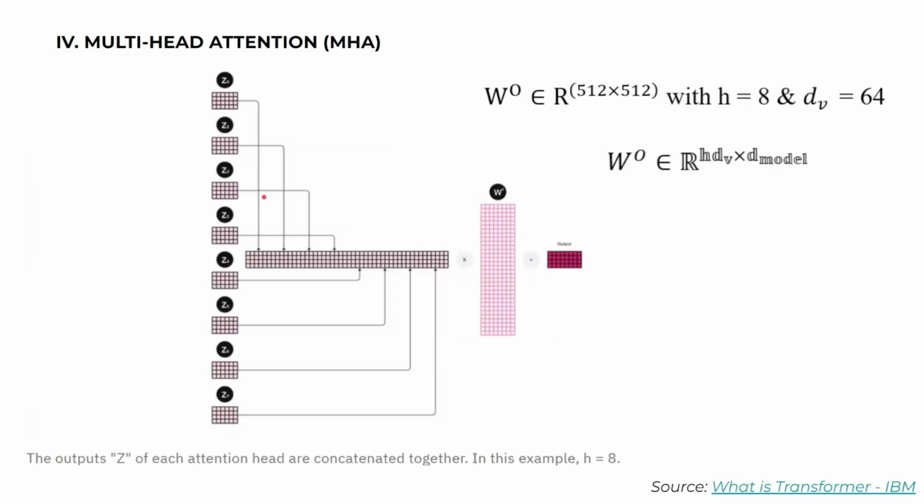And here is the image for visualization of multi-head attention, which I also reference from IBM. So here we have the 8 head results, and at the end they are concatenated into one place like this, and then multiplied with the output weight, and we receive the output here.